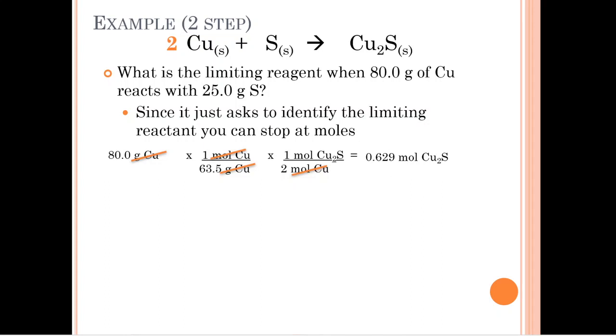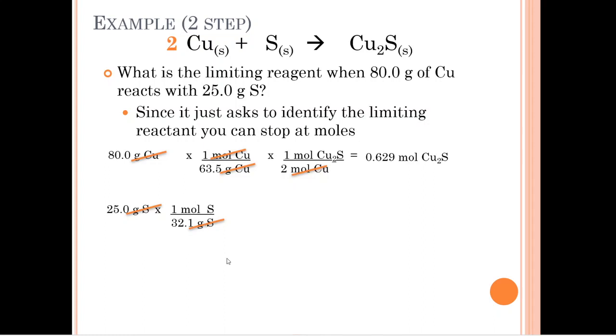Then I do my next stoichiometry problem with my sulfur, and my given is 25 grams of sulfur. Grams of sulfur is the units I have, so I convert to moles with the molar mass. On the periodic table, the molar mass of sulfur is 32.1. Grams of sulfur cancel, so now I'm in moles of sulfur.